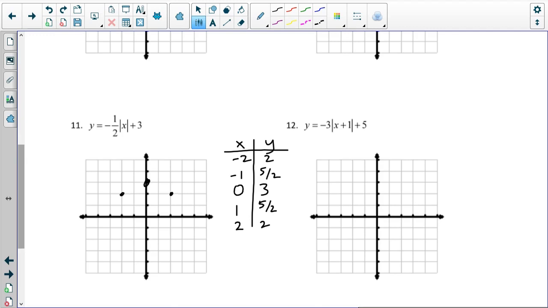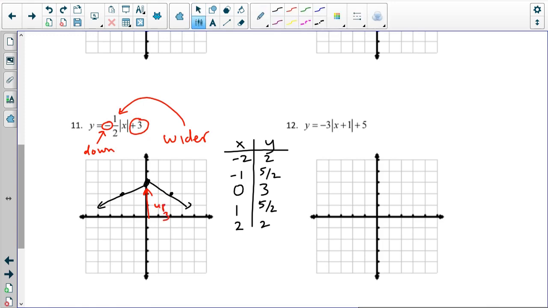So this one gets wider than a normal graph. The wider comes from the fact that 1/2 is going to make the slope a little bit less steep. The negative makes it go down instead of up. And the +3 actually moves my graph up 3.